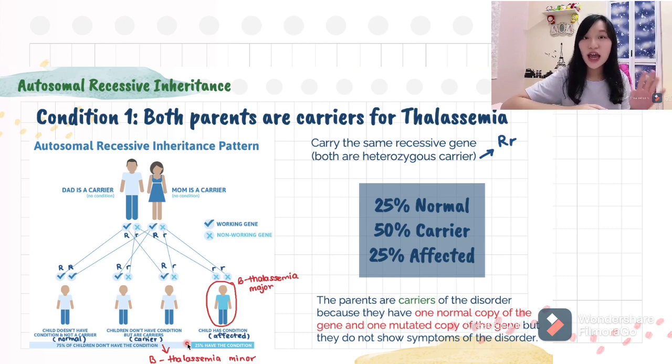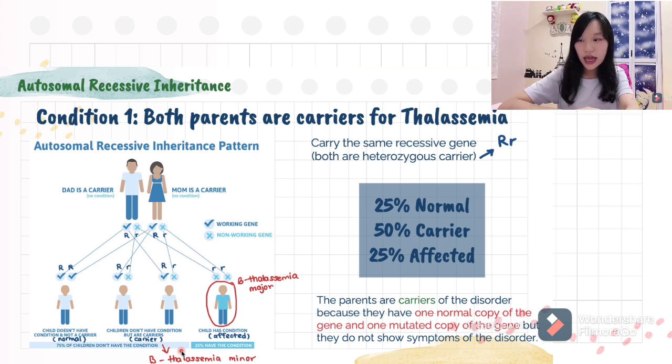So it is actually the heterozygous carrier in this condition. So we can assume that an affected child has beta thalassemia major and the carrier has beta thalassemia minor. So we know that Adam is affected with the disease, so he has beta thalassemia major.